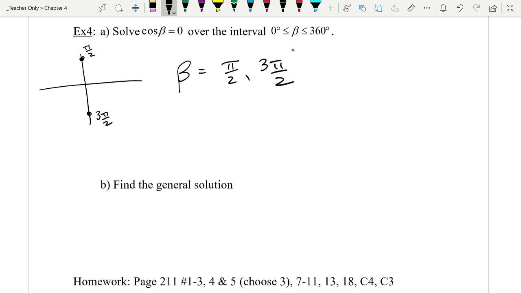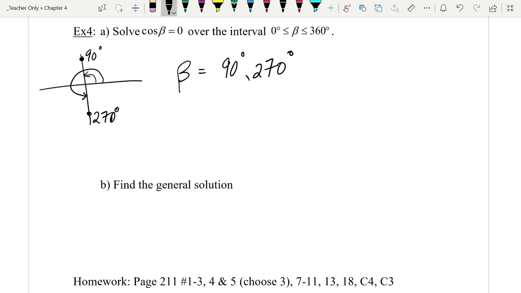I'm supposed to be working in degrees. Thank you. There. So there's the answer if my answers are between 0 to 360, right? I'd hit a 0 for cosine here, and I'd hit a 0 for cosine here.